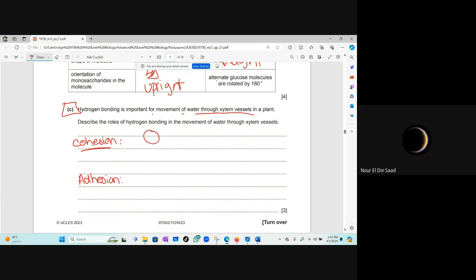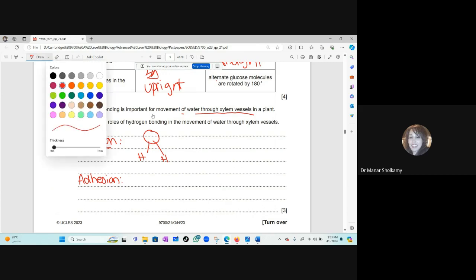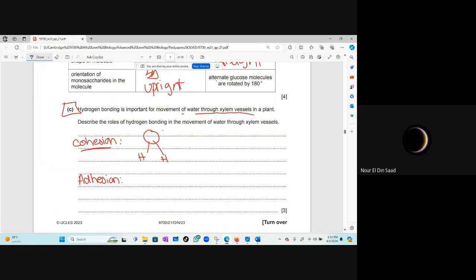The water molecule above attracts the water molecule below it. Why? What is the charge on the oxygen? Negative. Yes, it's electronegative. And the hydrogen is electropositive, and it will attract another oxygen.